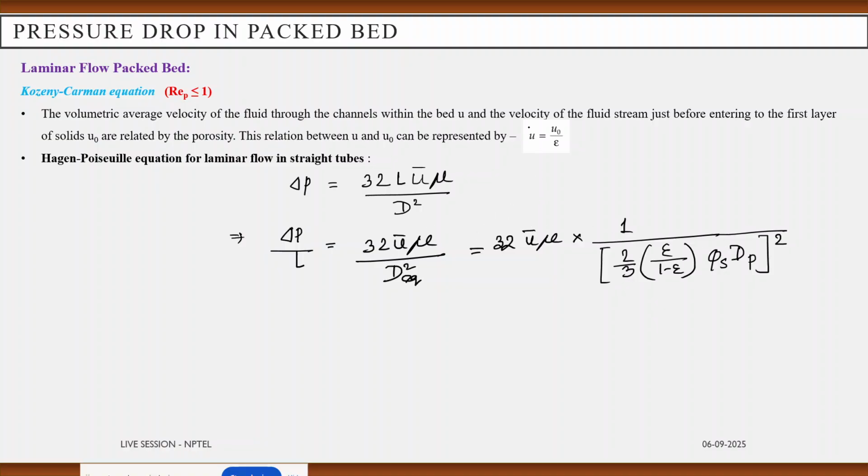Now this u equals u0 by porosity, so it will be the superficial velocity by porosity, and this. In this equation there will be one extra term, which denotes the tortuosity factor, and there is a correlation by which the constant 150 will be incorporated.